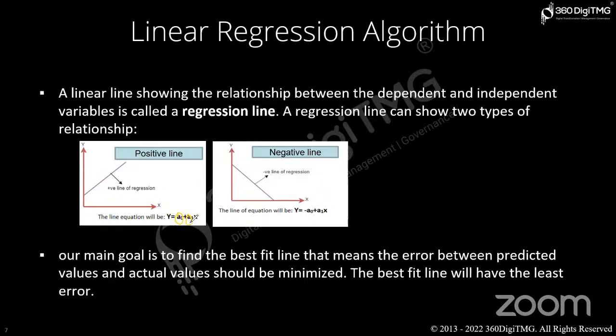The cost function is used to estimate the values of the coefficients for the best line. It optimizes the regression coefficients, or it measures how a linear regression model is performing.